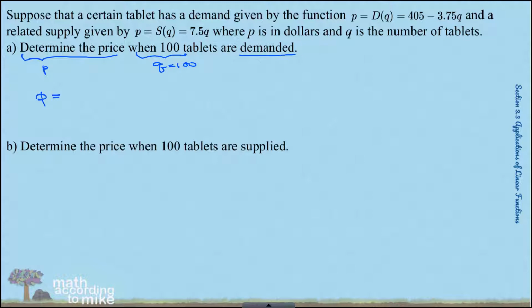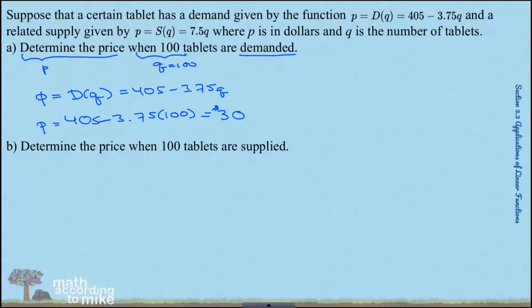So since P equals D of Q equals 405 minus 3.75Q, we're going to find P by putting in 100 for Q. Doing so, we get 405 minus 375, which is 30. So this means that when the price is $30, 100 tablets will be demanded.